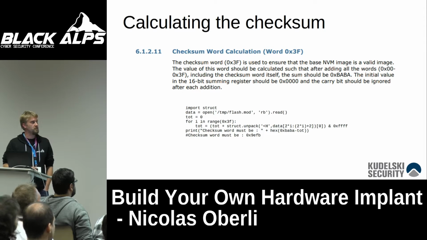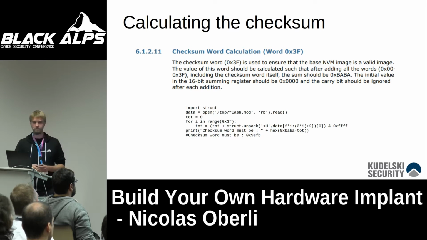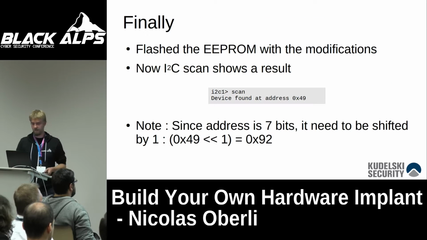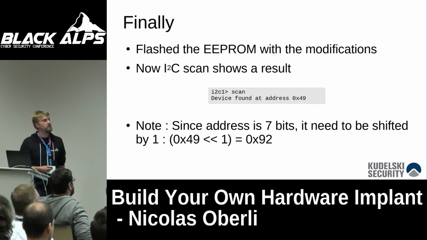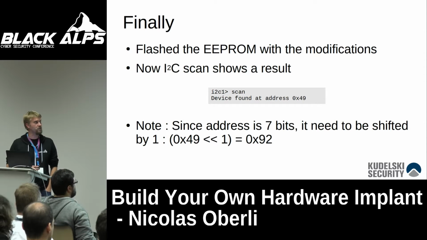So using just a bit of Python, I calculated the new checksum, changed it on the flash dump, flashed the dump on the EEPROM again, and rebooted the machine. Now if I use the scanning on the I2C bus, I have access to something.